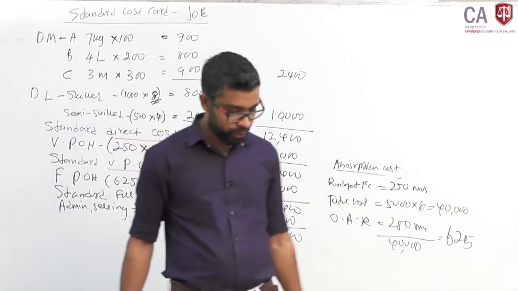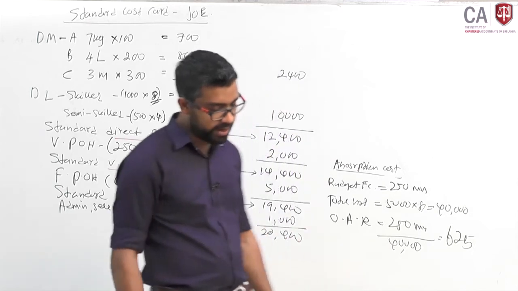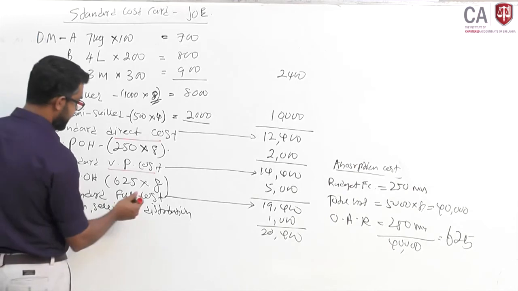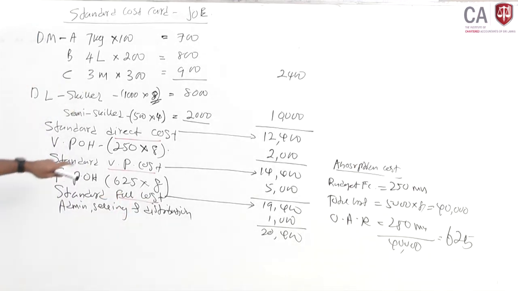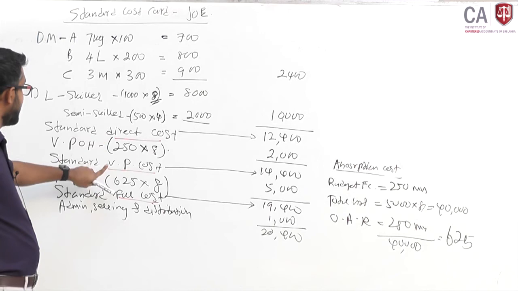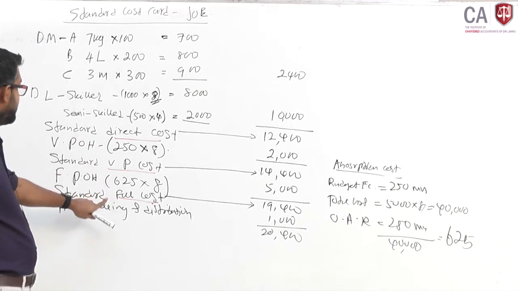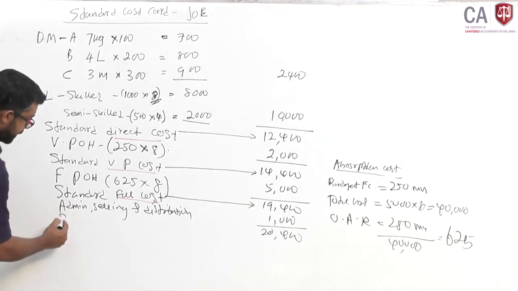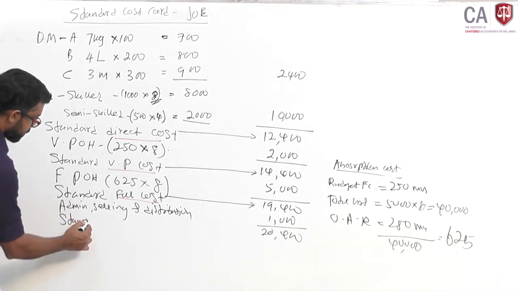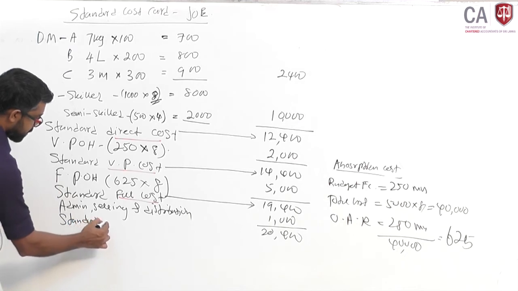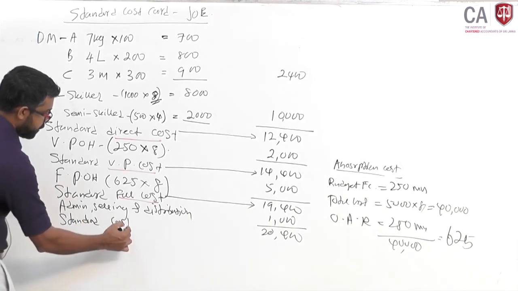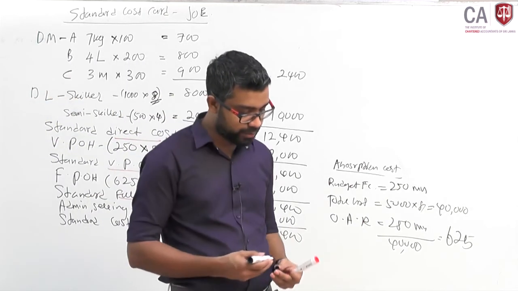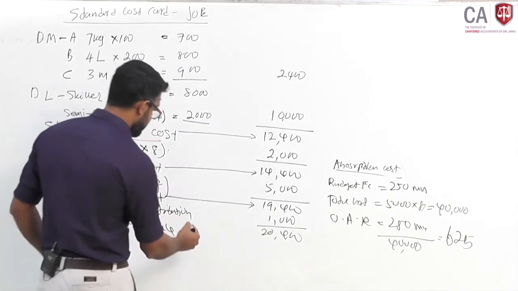So 20,400 is what? The standard cost of sale. Look at the categories: we found the standard direct cost, the standard variable production cost, the standard full cost, and after that the standard cost of sales, which is 20,400.